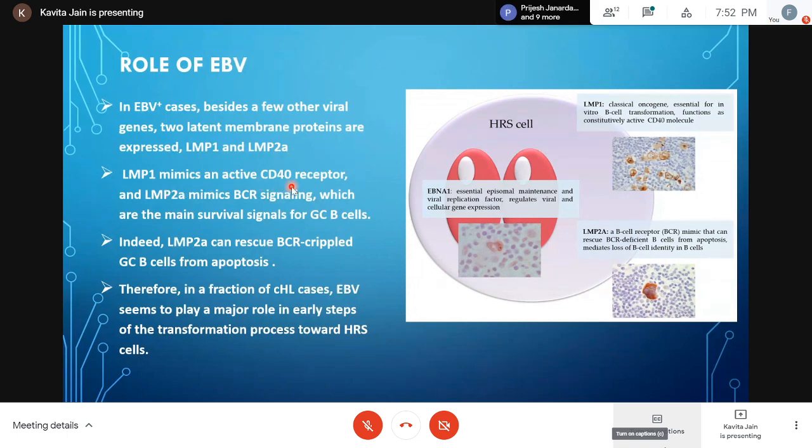LMP1 mimics an active CD40 receptor, that is CD40L, which we have just seen on the T follicular cells, and LMP2A mimics BCR signaling, that is on the B cells. So when both of them come together, they activate the B cells, they prolong the survival, and they deregulate the apoptotic pathway. They just prolong the survival, with some crippling mutations.